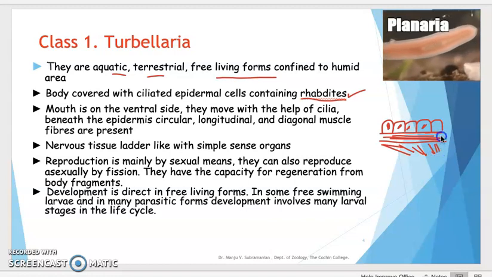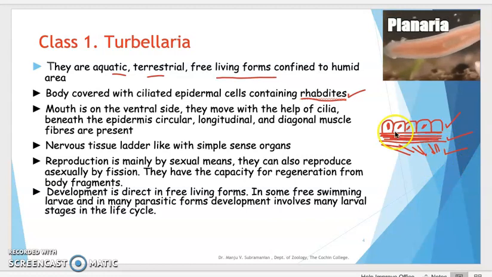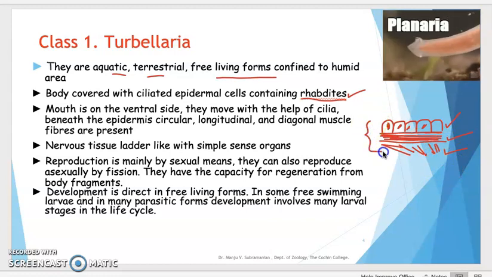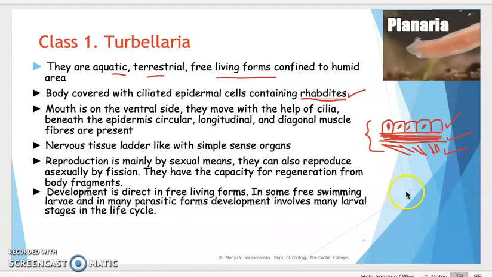If you take a cross section, you can see the columnar cells like this, then longitudinal muscles like this, and the diagonal cells like this. So that is about the histology of Turbellarians.